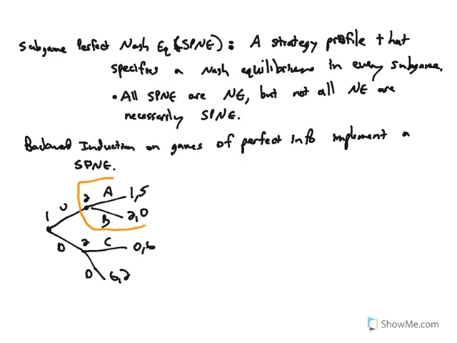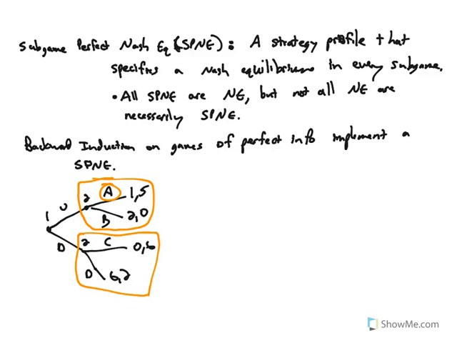This is a subgame, right? So that has to resolve in an equilibrium. So of course the subgame will resolve by player 2 choosing A. This subgame has to be implemented in equilibrium, and it's a really simple subgame.